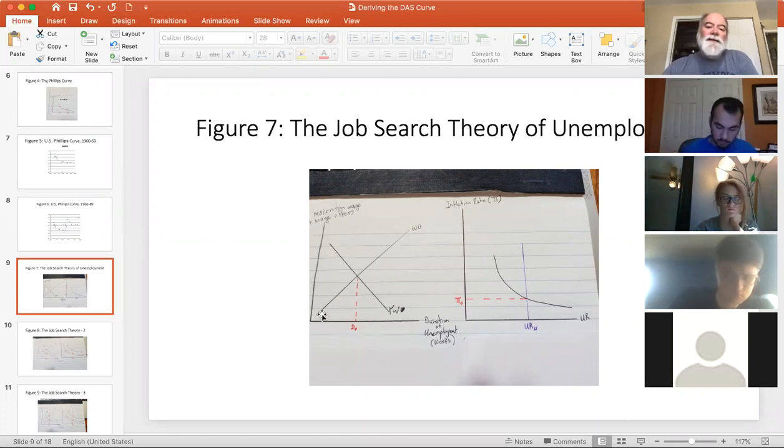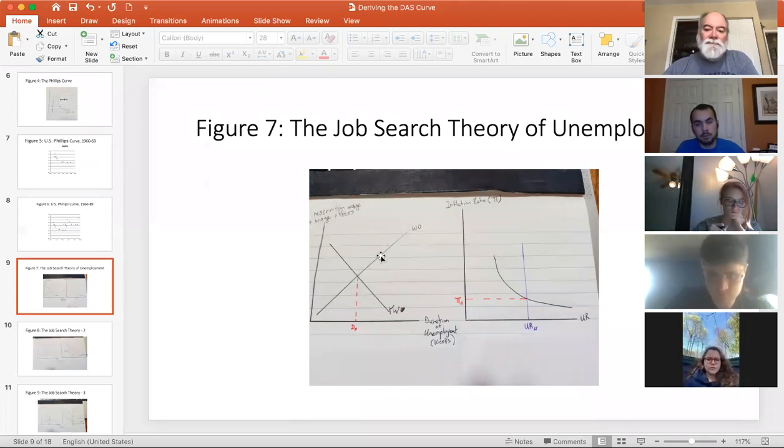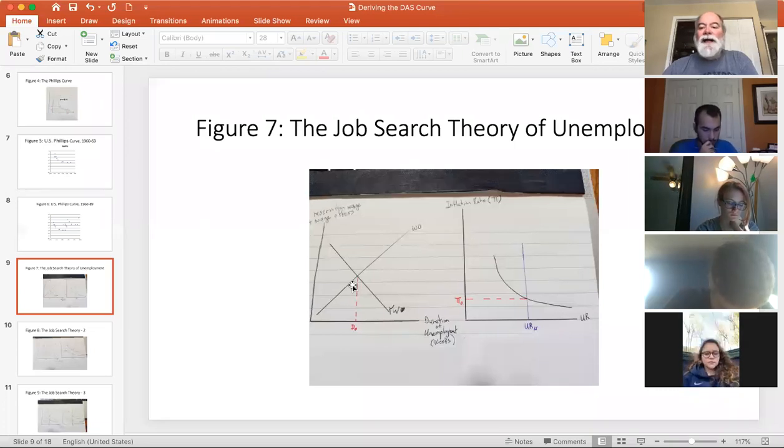Similarly, the WO is the wage offer curve. It's the cumulative probability of finding a wage offer of a given level, right? It is possible that you would find this wage offer the first day you look for a job, but it's unlikely, right? So the longer you look, the more likely you are to find a higher wage offer.